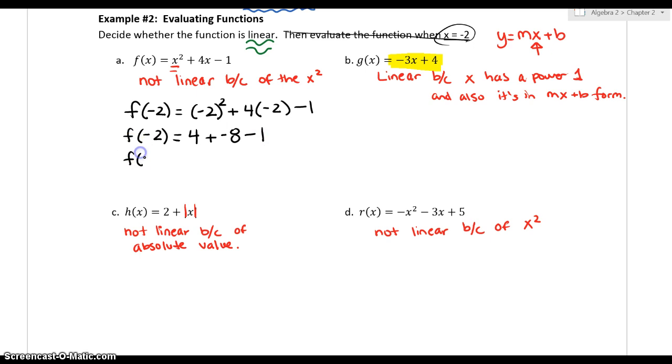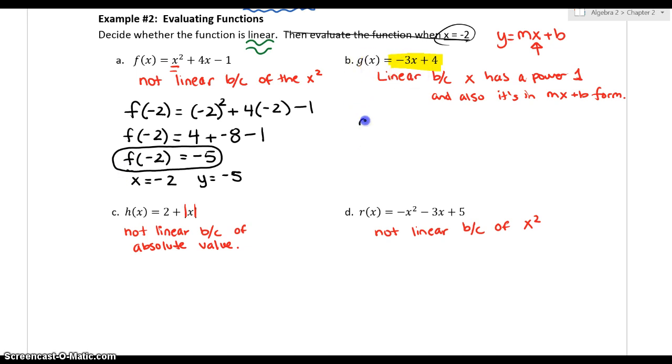Then we're using the order of operations to simplify. We have 4 minus 8 is -4, minus 1 is -5, and we are done. Sometimes, just for myself, I write x equals -2, and in this case, y equals -5, so that I can show that I can simplify and separate the x's and the y's from my function notation. But what I'm circling is the final answer. Alright, let's look at g of x.